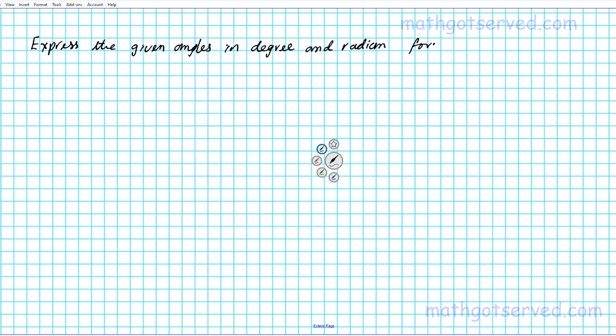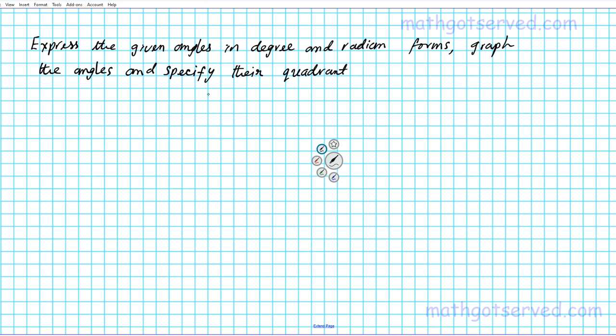All right, then graph it and specify the quadrant. Graph the angle and specify the quadrant. Okay, so let's take a look at the first one.